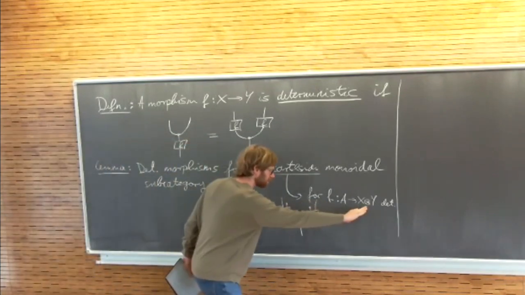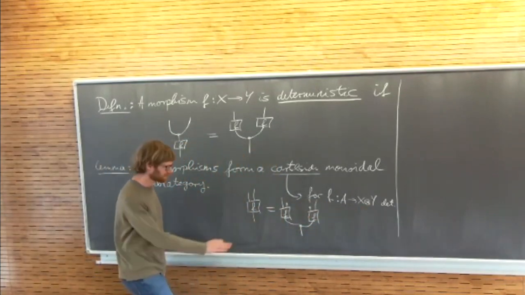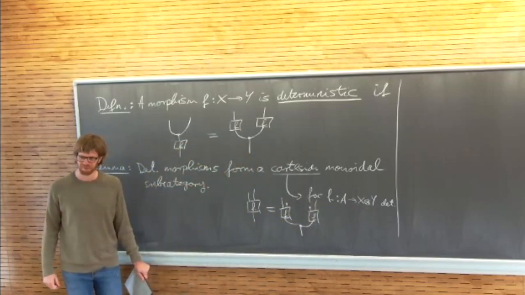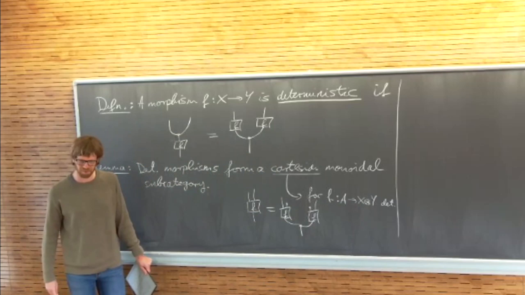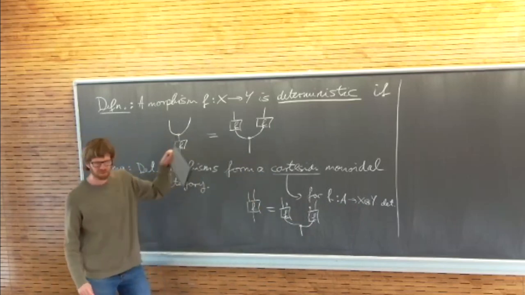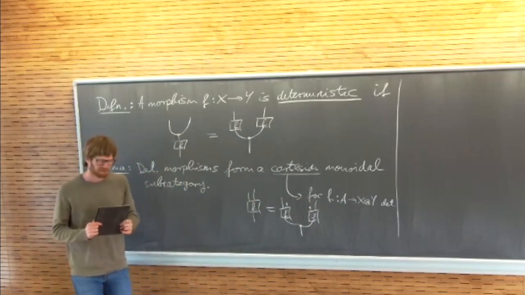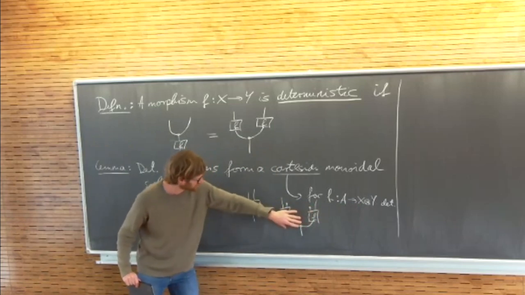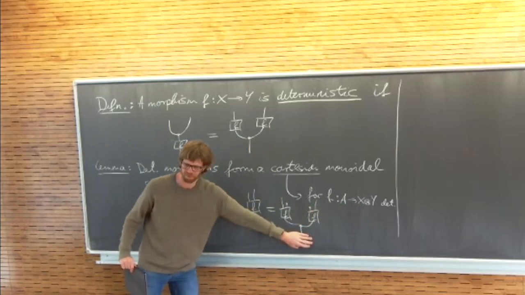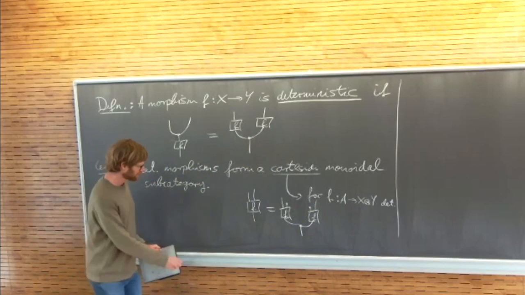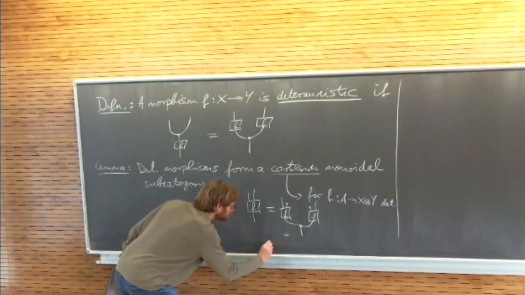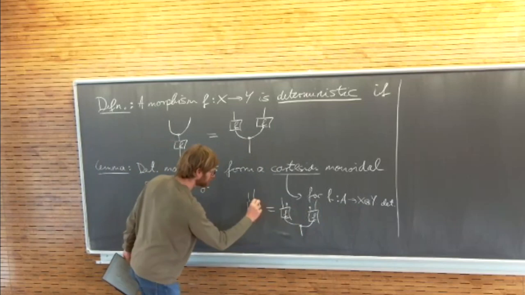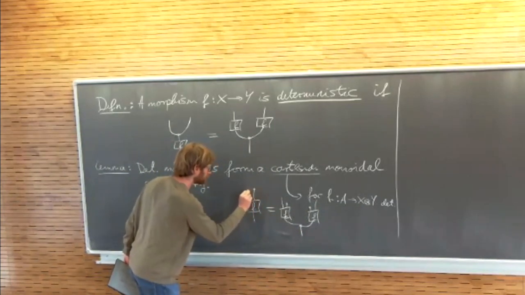Right, so if we have the deterministic f like this, then this equation holds. And it's not so difficult to see that this is indeed true from the definition of determinism, because by assumption, if f is deterministic, we can pull these two through the copy and put them down here. So then what we get is, well, I can actually draw this on top here. We pull this through the copy.